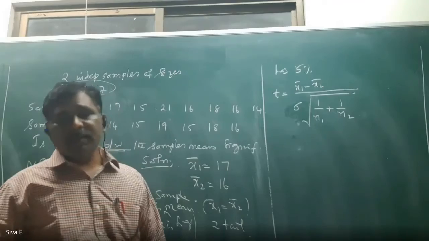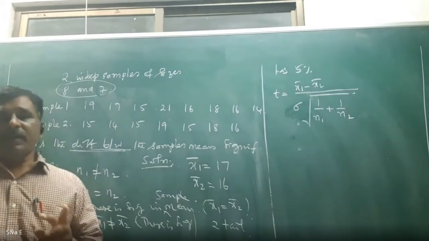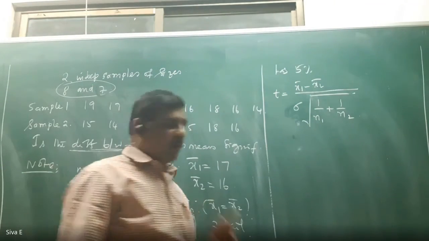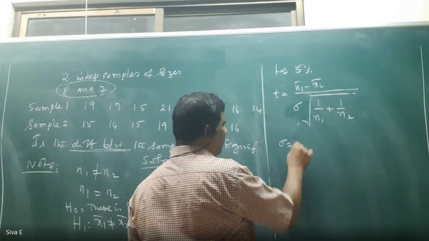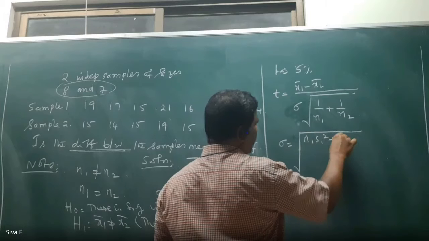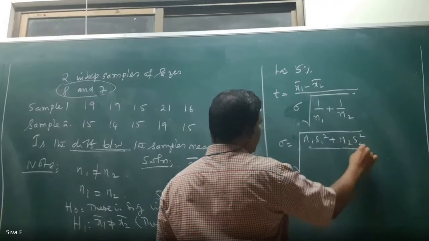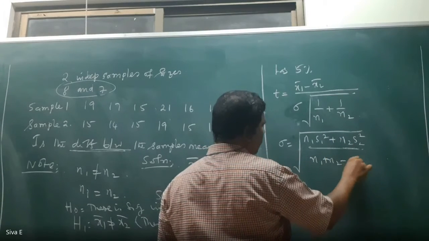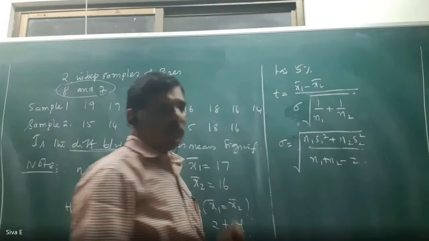In the last class, I have given two formulas to find the sigma. One formula is sigma equal to square root of (n1 s1 square plus n2 s2 square) divided by (n1 plus n2 minus 2). It is one formula.